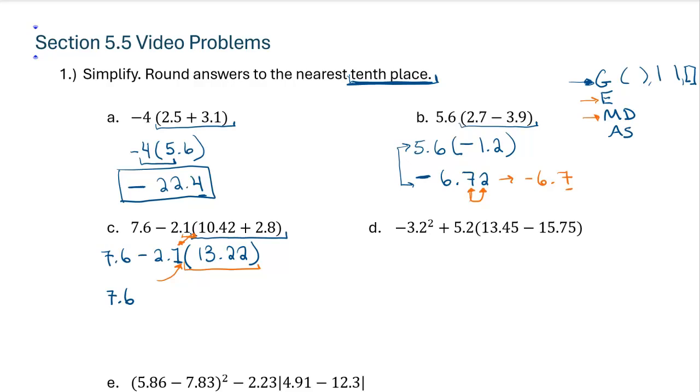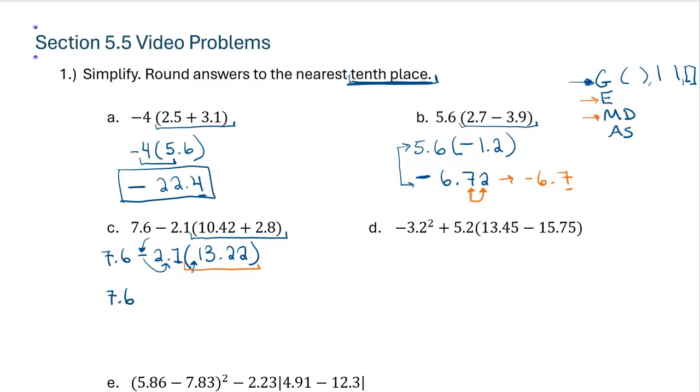And then I'm going to apply my multiplication. This negative right here travels with the 2.1 or the 2/10. So that means when I multiply, I am multiplying by negative 2.1. If I'm multiplying a negative times a positive, that means I have a negative.